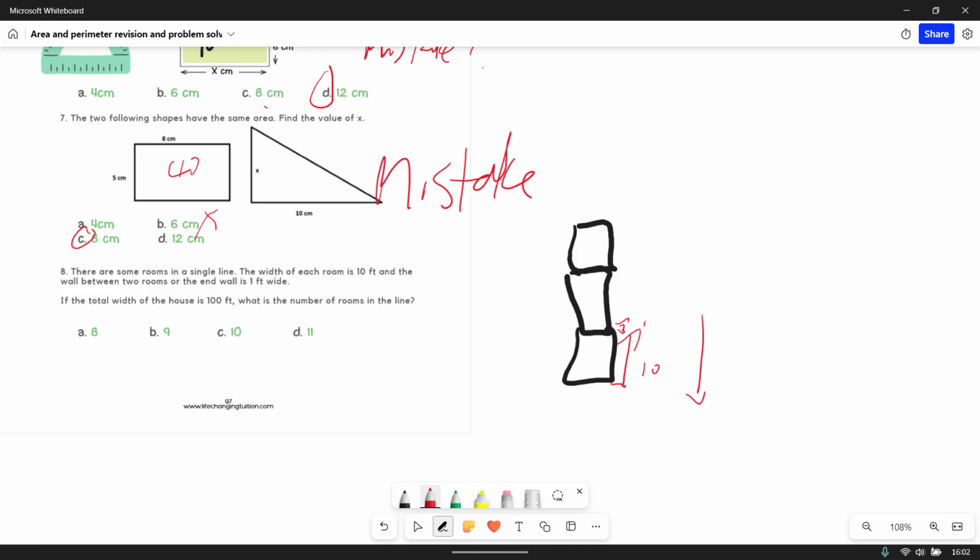So in total, that's 11. And the whole thing is 100 feet. So you do 100 divided by 11, which gives you roughly 9 rooms. So the answer is B.